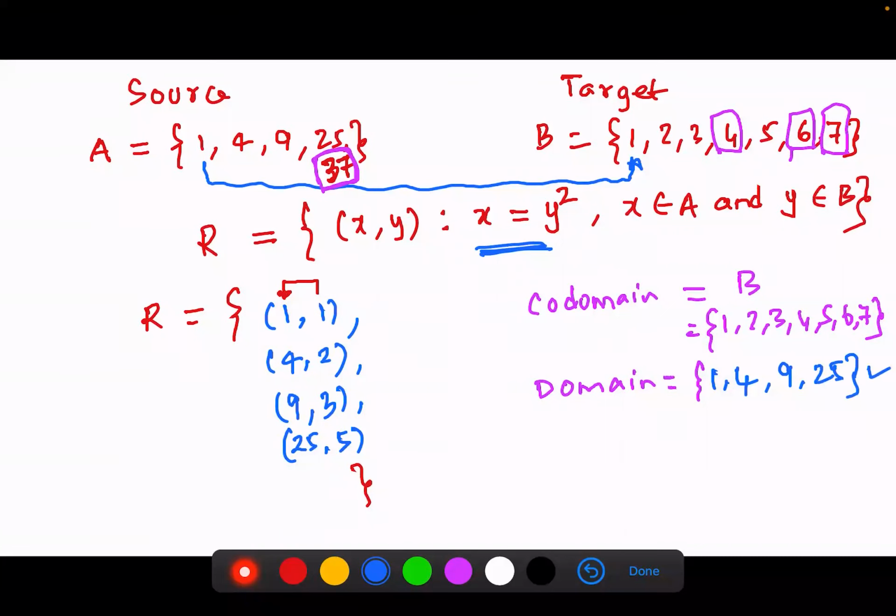Can you list the elements in range? Now, range are the ones in the target set which are connected. So what are the elements in range? 1, 2, 3, 4, 5. No, is 4 connected? No, sir. So only this.